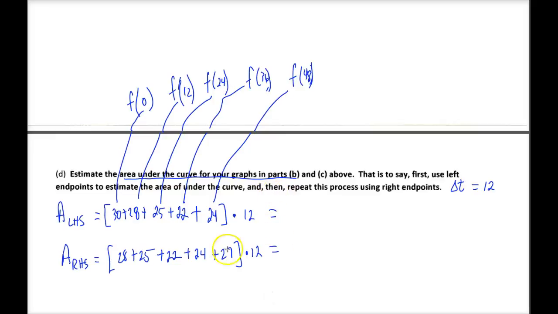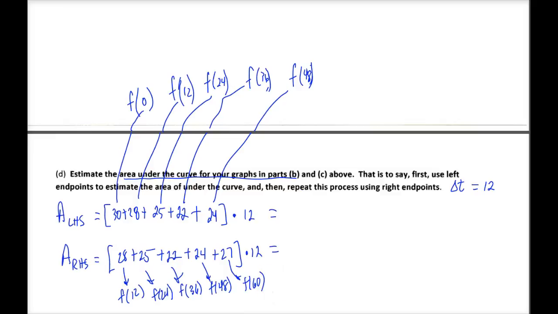That's how that would look. Whereas down here, this would start off being f of 12, f of 24, f of 36, f of 48, and f of 60.